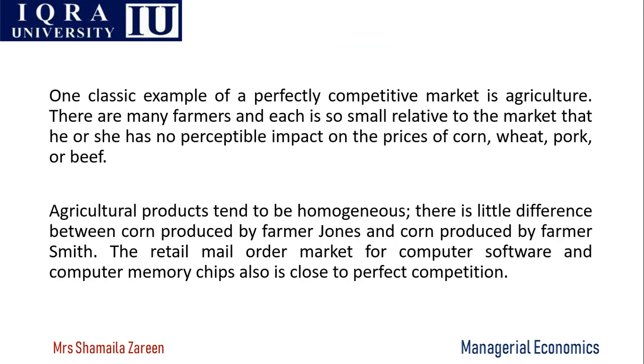So these were the main characteristics of the perfectly competitive market, and the basic classic example of this market is agriculture. There are many farmers, and each is so small relative to the market that he or she has no perceptible or negligible impact on the prices of corn, wheat, pork, or beef.